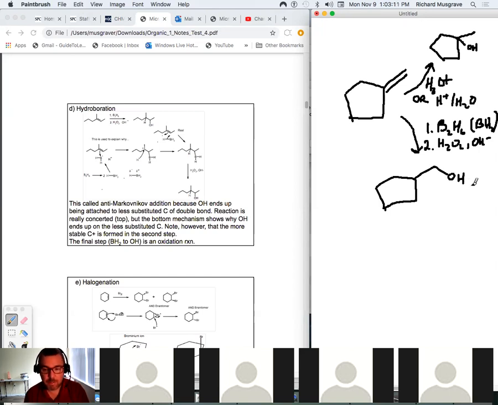So you can see the difference between the two. It's fairly simple. One goes on the more substituted C and the other one goes on the less substituted C of the double bond. Does anybody have any questions?